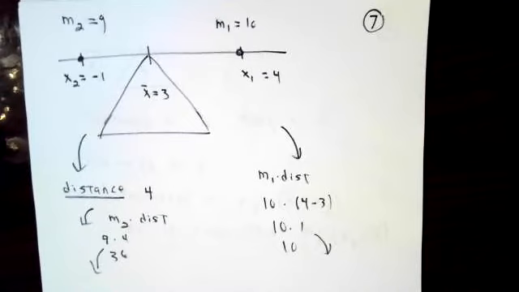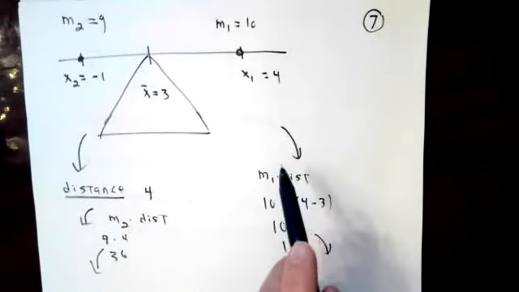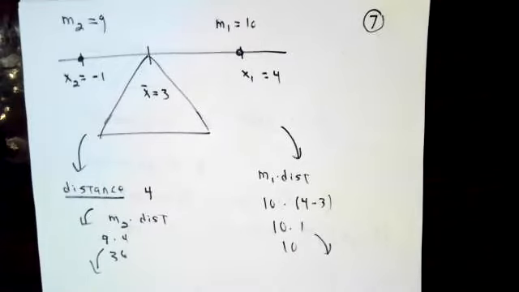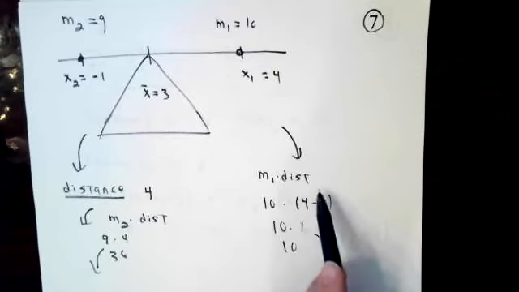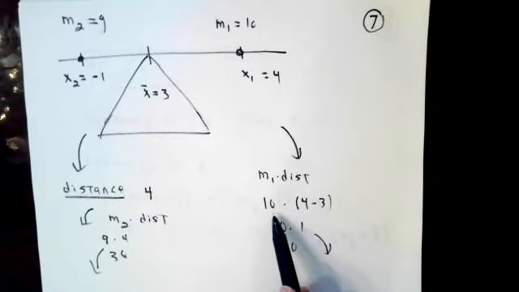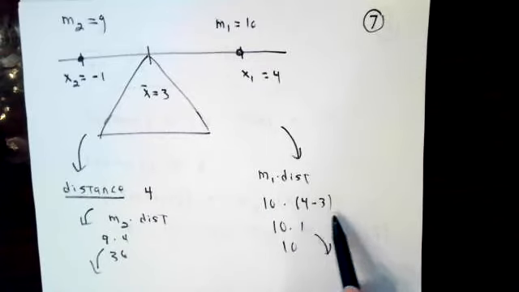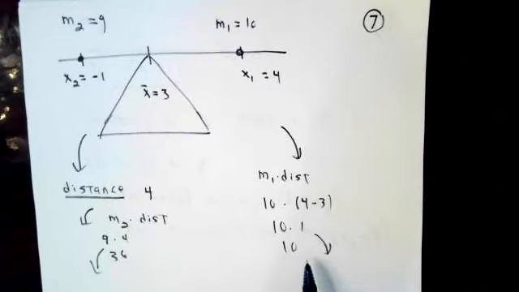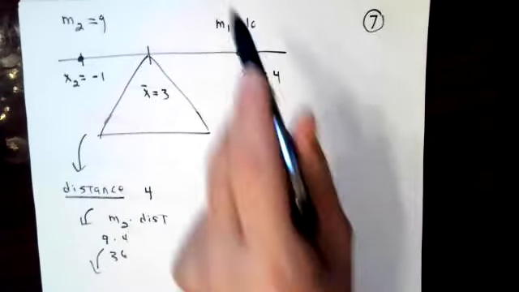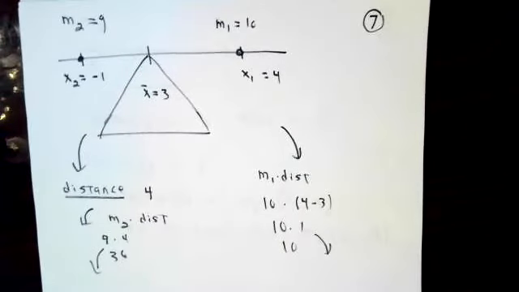This is going to tend to make the thing rotate in the clockwise direction. The measure of this is going to be the mass times the distance, which is 10 times the distance between 4 and 3. This is going to contribute 10 units of contribution to making the thing turn clockwise.